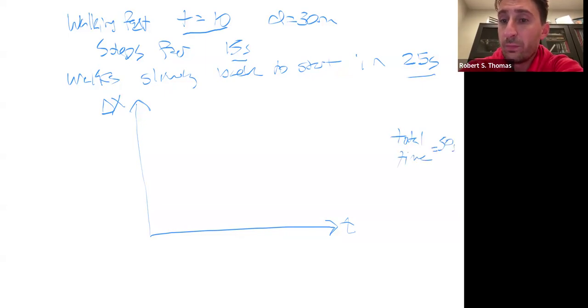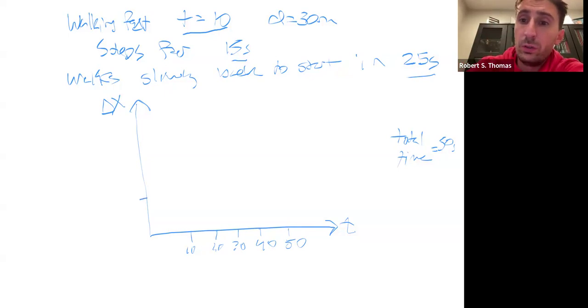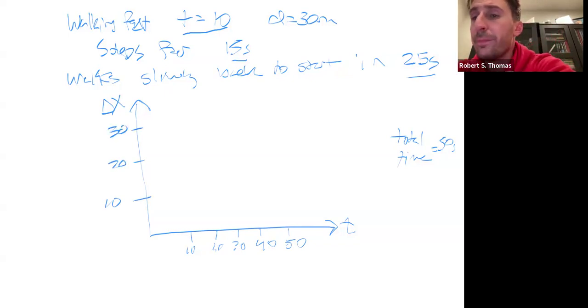So I have to make a graph here, or a scale that will show my time. So I just made that. My total distance, the furthest he goes is 30 meters. So let's do 30.